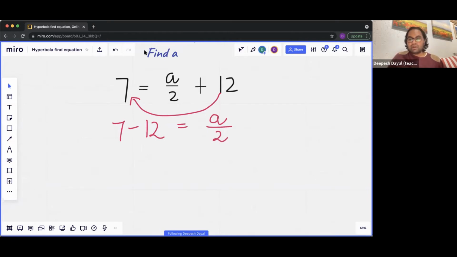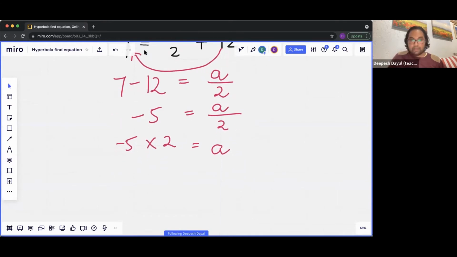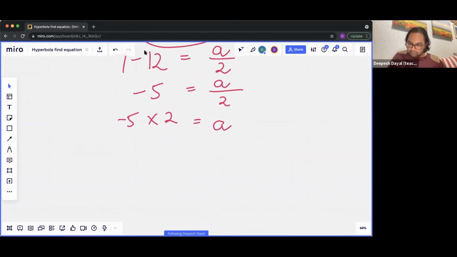And 7 minus 12 is -5, because we've got 7, we take away 12. So it's -5 equals a over 2. And then we find a on its own. So a equals -5 times 2. So a will equal -5 times 2, which is indeed -10. So well done to those of you who got the answer, right? That's great.